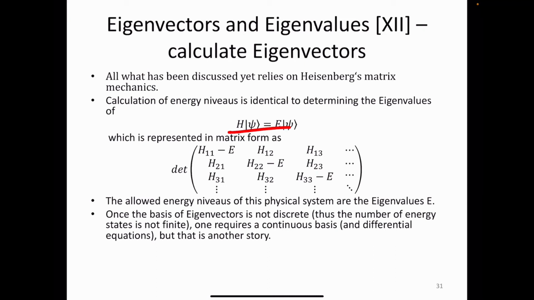Remember, that's the Hamiltonian on the left, which contains potential and kinetic energy and equals the energy of that state, and the energy is a scalar in that case. In matrix form, it's represented as we see here on the bottom, and therefore the allowed energy levels of these physical systems are the eigenvalues, the energy values.